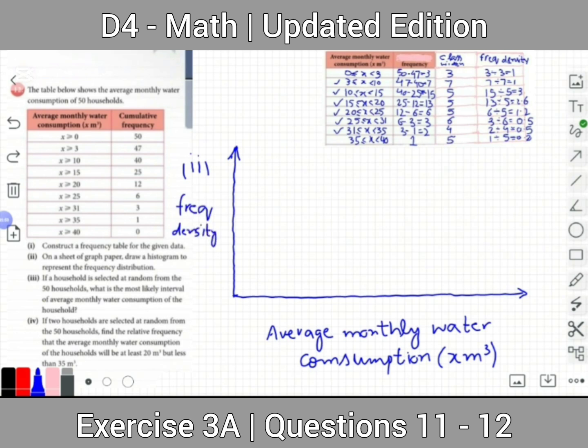So we'll start with the scaling points 0, 1, 2, and 3.